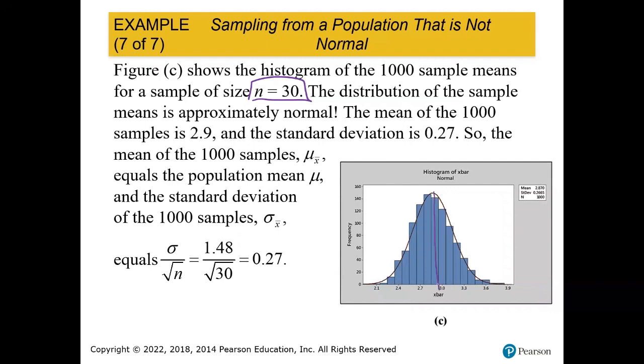This looks like a normal bell curve. It looks symmetric on both sides. On our sample mean, if I round to 1 decimal place, it is 2.9. My standard deviation continued to get smaller because my sample size got larger. And anytime you divide by a larger number, your answer is going to be smaller.